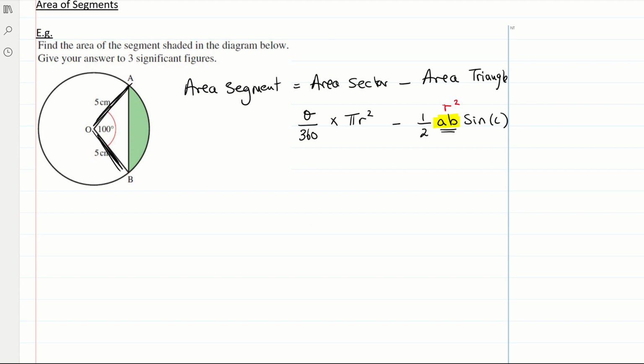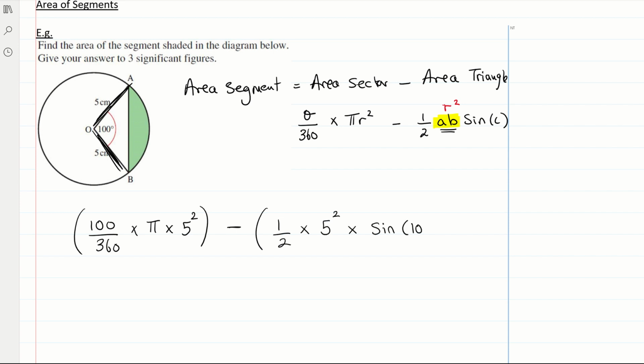So area of sector is 100 over 360 times pi times 5 squared, that's the area of the sector, minus a half times 5 squared times sine 100.